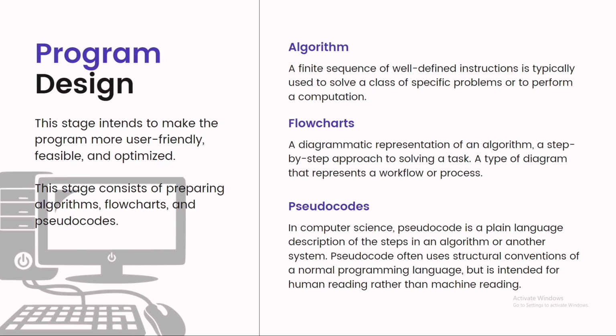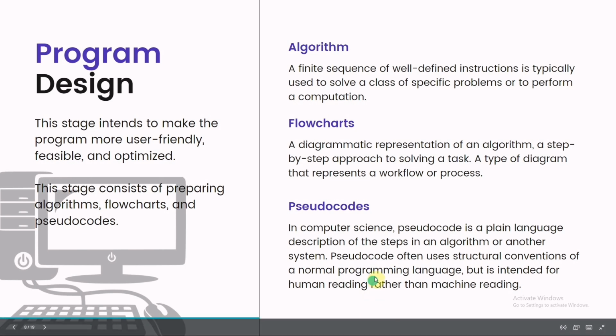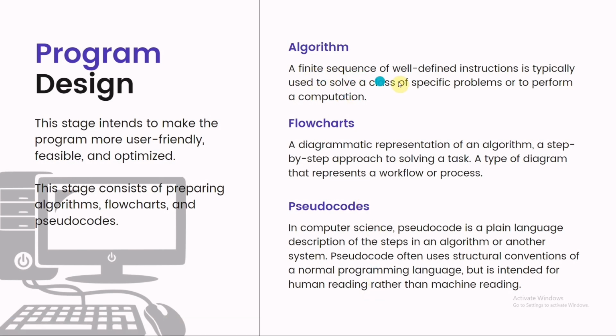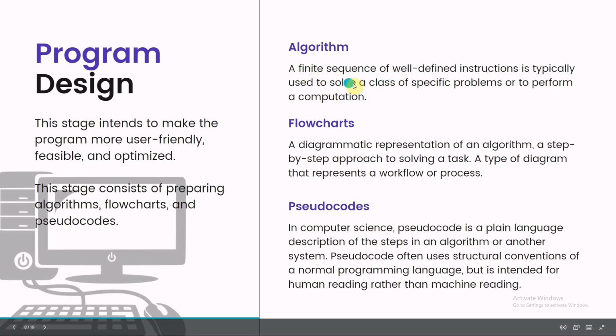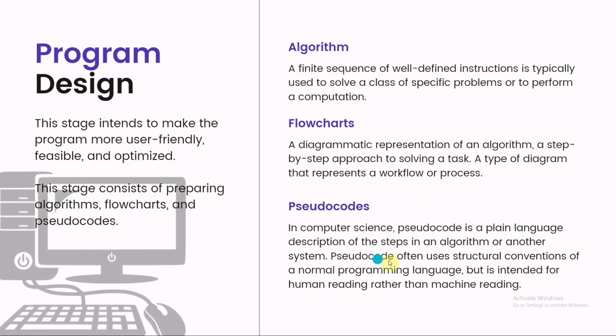It often uses the structural conventions of a normal programming language, but it is intended for human reading rather than machine reading. We use pseudocodes to represent parts of the algorithm, part of the instructions in the algorithm. We use descriptions here, which we call pseudocodes.